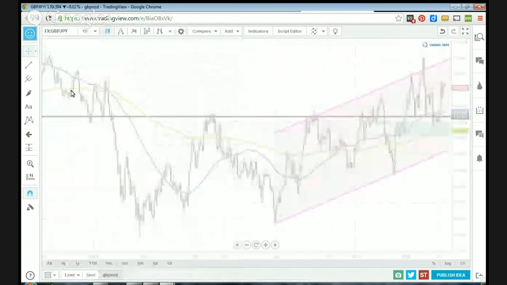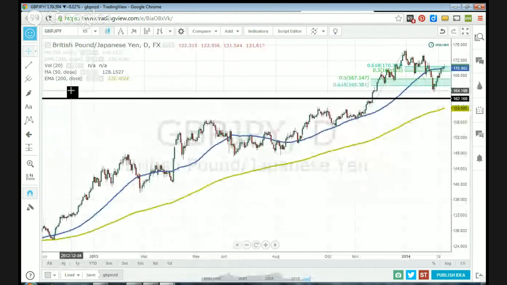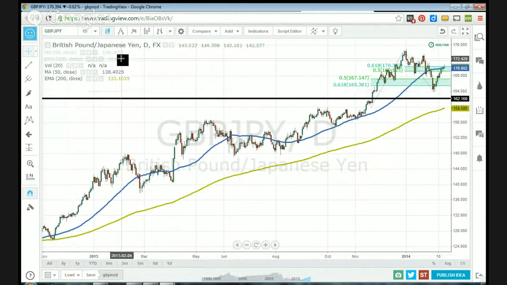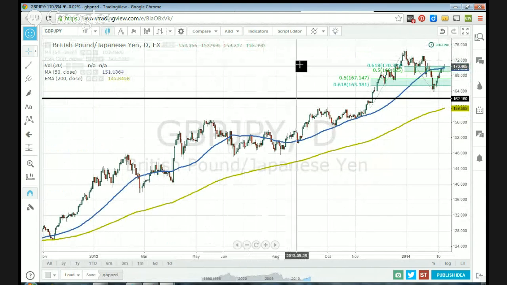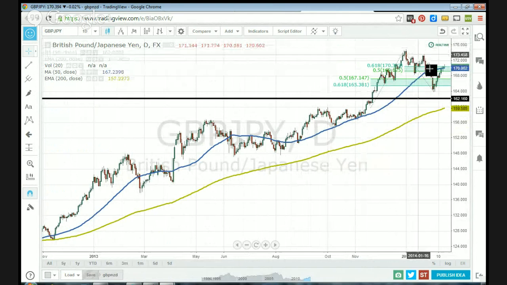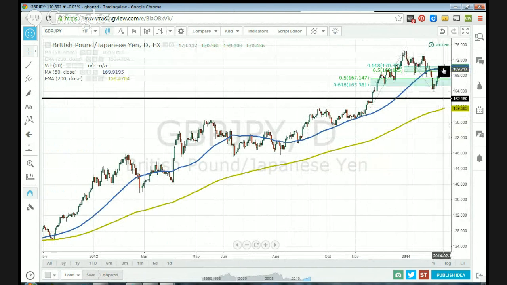Pound yen. Okay, this is interesting. It looks like we have a doji at this 61.8 retracement level and the 50 simple moving average. So this looks a little bearish to me. Price went all the way down here, retraced, and now we're here.